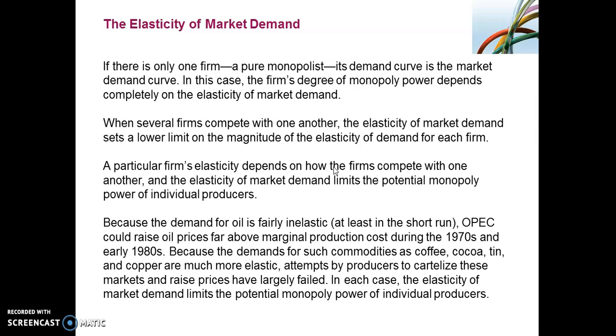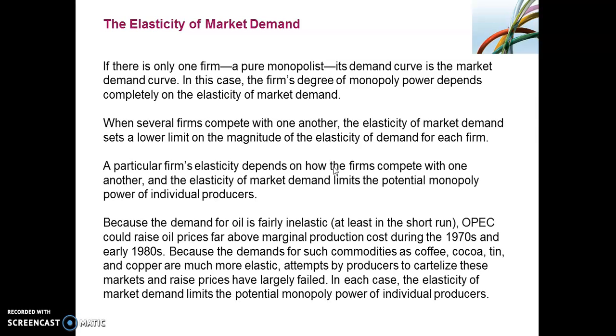Here's a nice example about OPEC. Because the demand for oil is fairly inelastic, at least in the short run, OPEC was able to raise oil prices far above marginal production cost in the 70s and early 80s. Because of that, they could reap those rewards. They had that monopoly power.